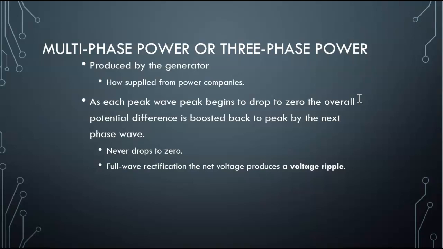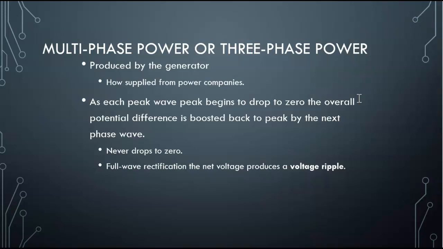Multi-phase power, 3-phase power, is produced by the generator and is how it's supplied from the power companies. Each peak begins to drop to 0, but the overall potential difference is boosted back by the peak of the next phase wave. So it never drops to 0 and you've got a very small ripple.